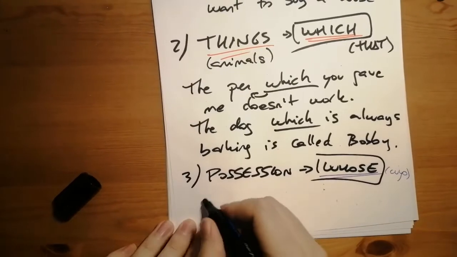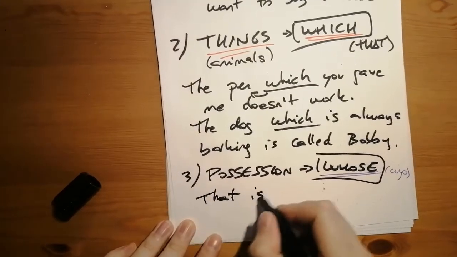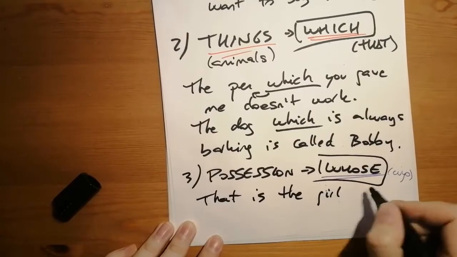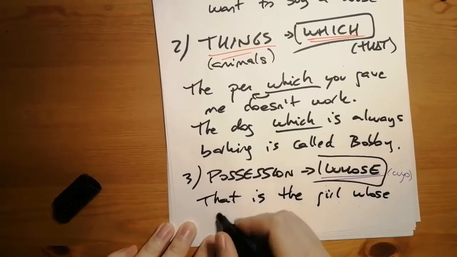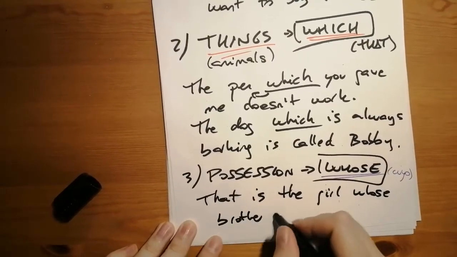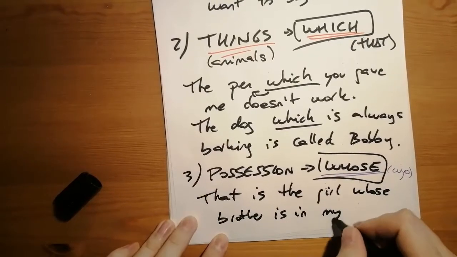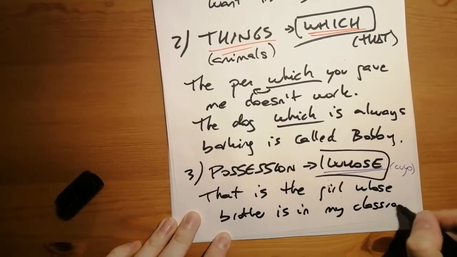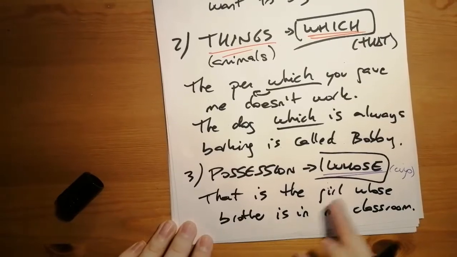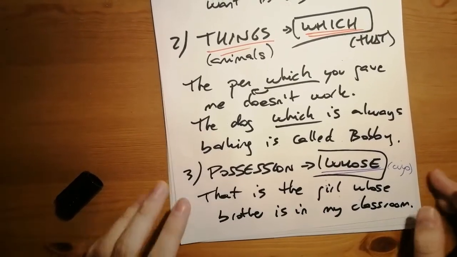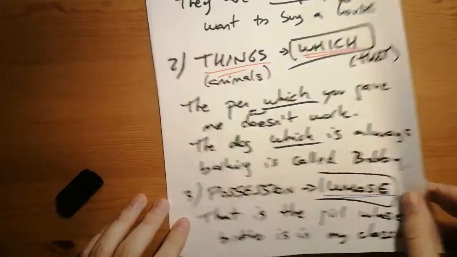For example, that is the girl whose brother is in my classroom. Esa es la chica cuyo hermano está en mi clase, va a mi clase. So it's the same, okay? I'm going to finish. I would like to continue, but I will continue with different topics next day.